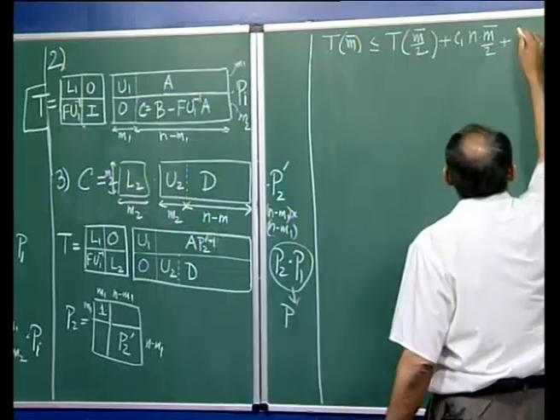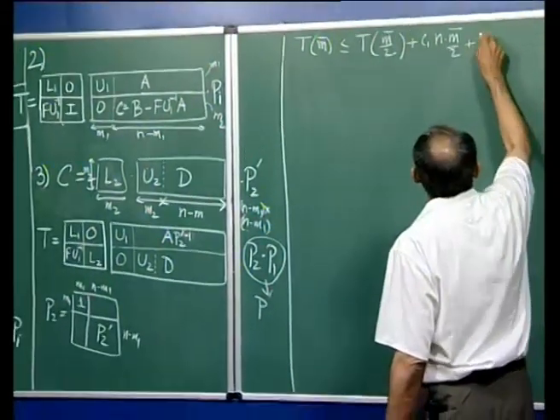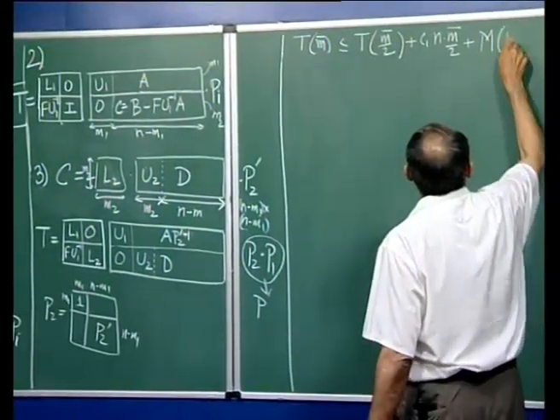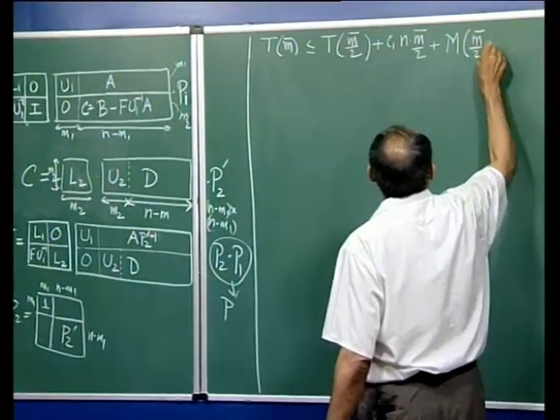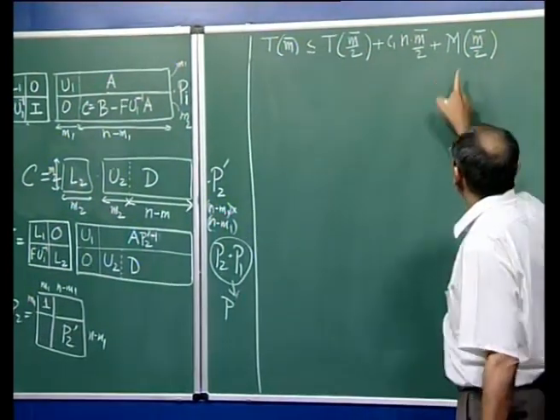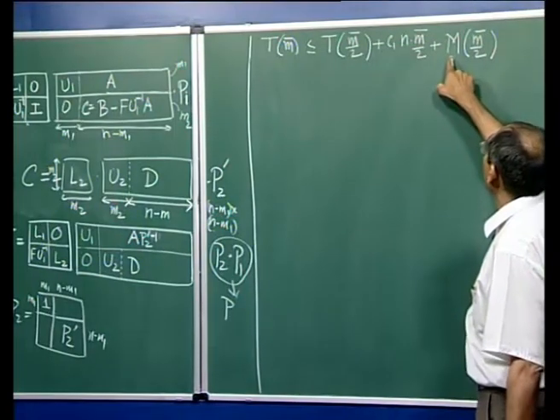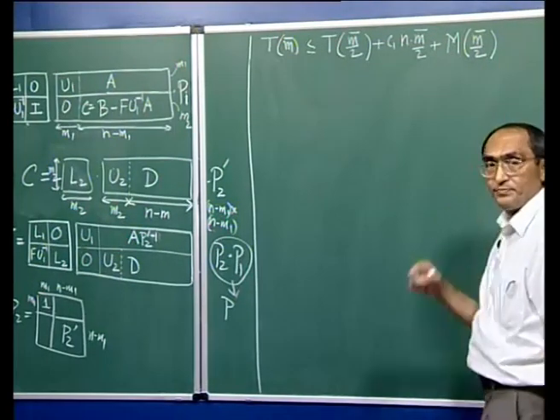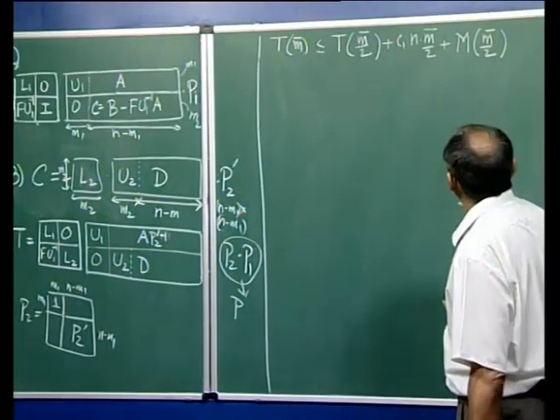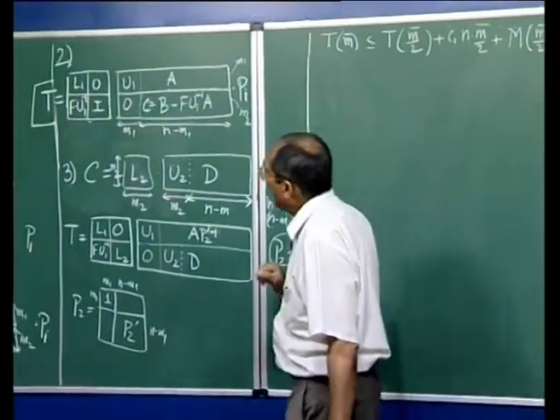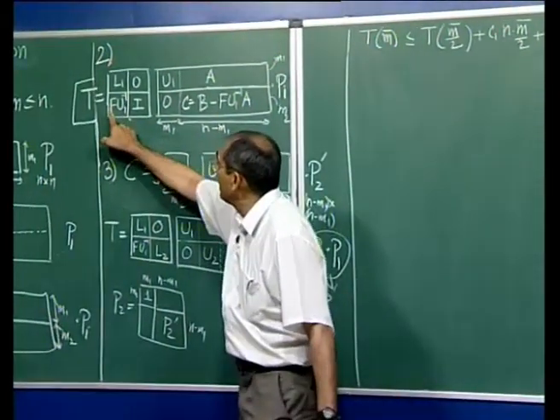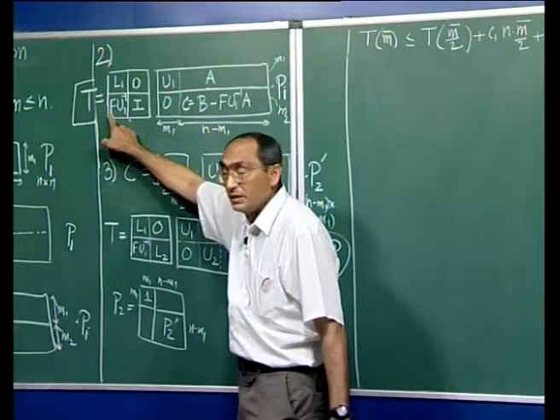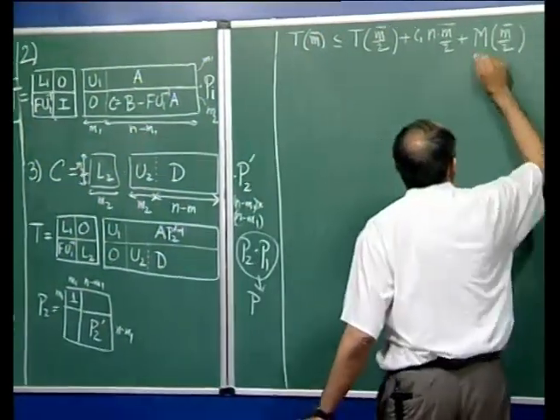So, I will denote this by writing M of M bar by 2. M is the cost of multiplying two matrices of this size. That is the cost of inverse. Now, we multiply this to another matrix of the same size, which is again the same thing.